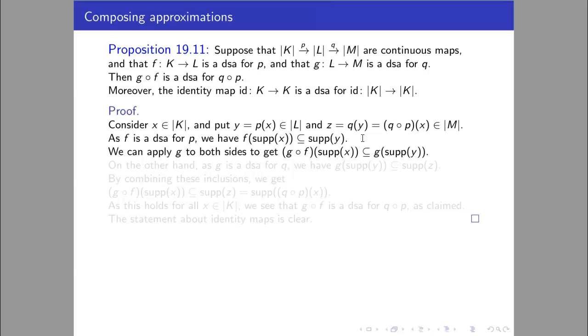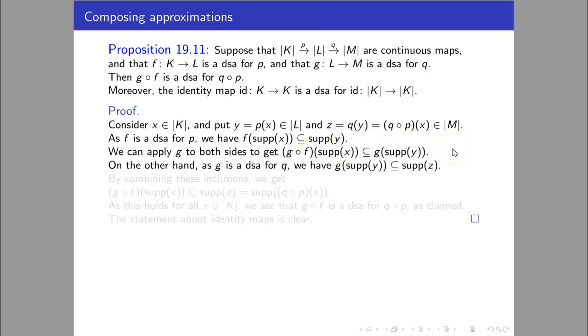And we can apply G to both sides, right? So this is an inclusion between two subsets of vertices of L, and G is a map from the vertices of L to the vertices of M. And so we apply G to this, we get that G of F of the support of x is contained in G of the support of y. Or in other words, G composed with F of the support of x is contained in G of the support of y.